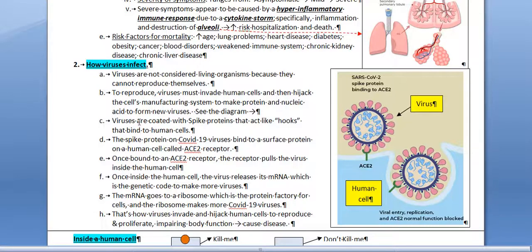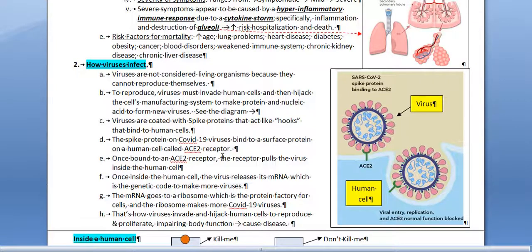Viruses are coated with spike proteins that act like hooks that bind to human cells. The spike protein on COVID-19 binds to a surface protein on a human cell called the ACE2 receptor, right there, that little green thing.